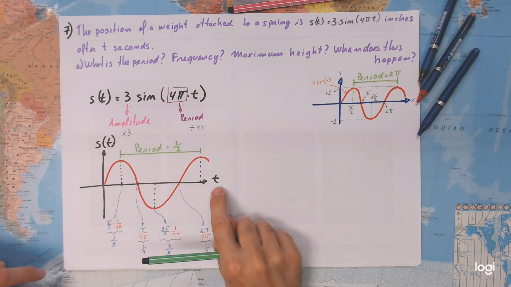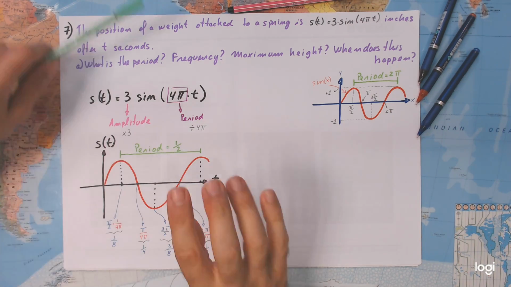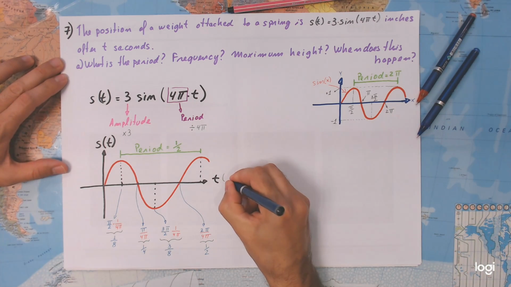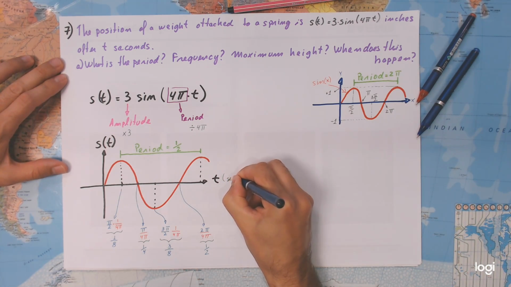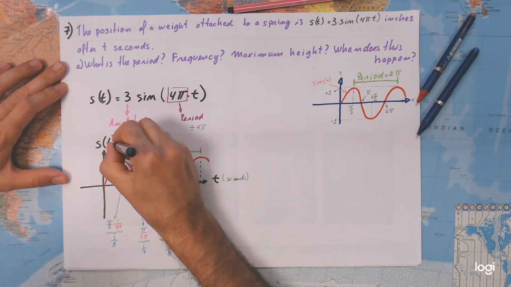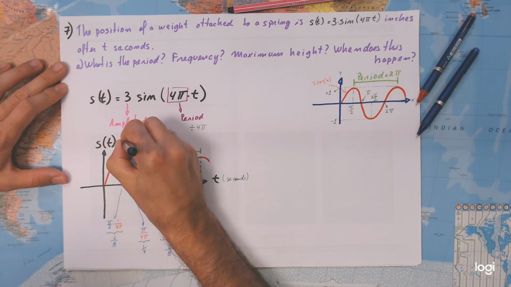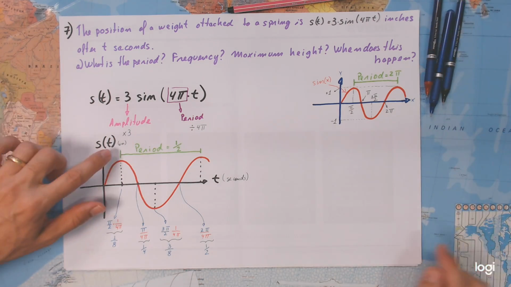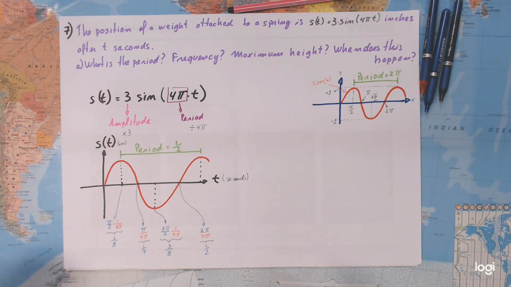Half what? Half seconds, because the periods, I'm sorry, the units, right? We always have to write the units. This is inches. We always have to write the units on our charts when we are graphing something.